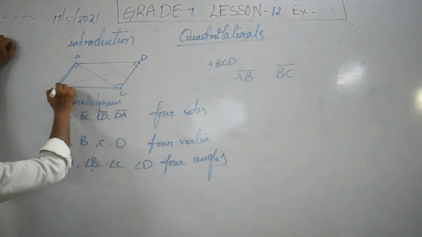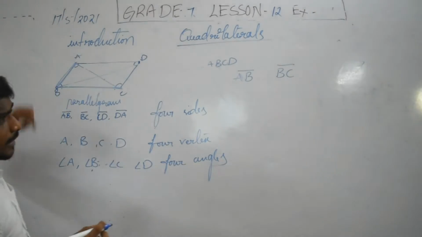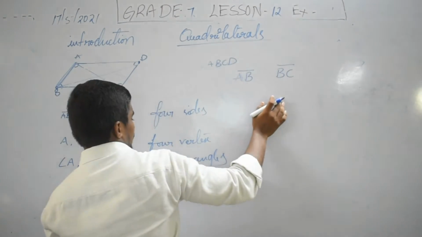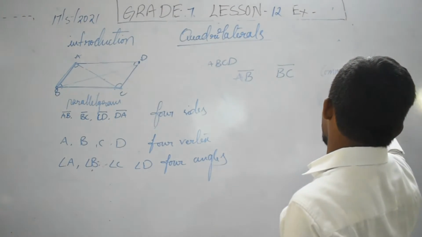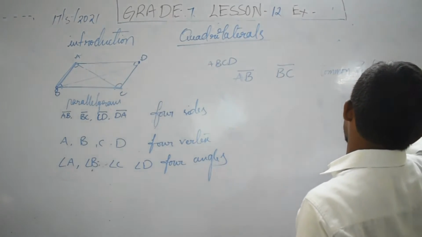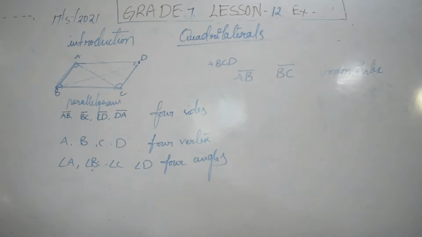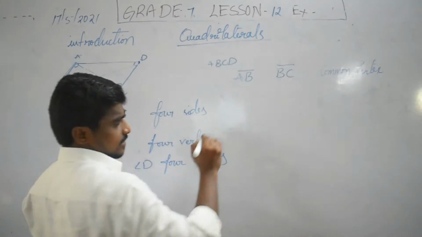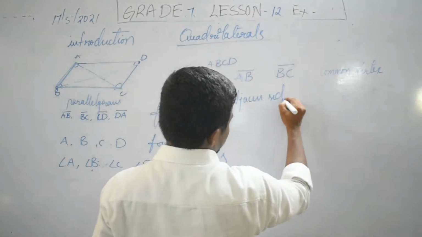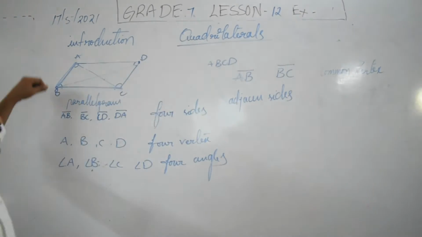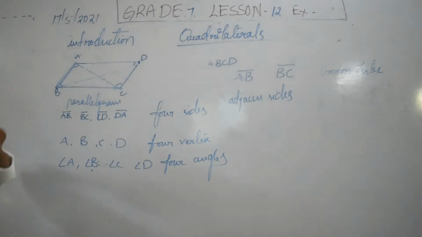AB common vertex B, BC common vertex B. So AB and BC have common vertex B. So these two sides we call adjacent sides. Here see, AB and BC, these two are adjacent sides.